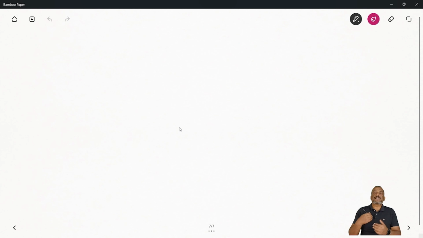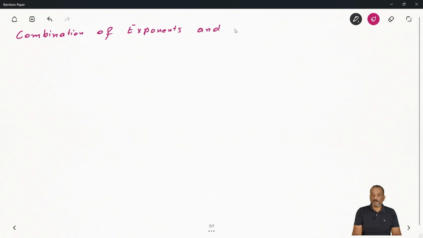Radicals is what? Basically you can say square roots, cube roots, that is called radicals. So suppose here some combination of exponents and radicals.